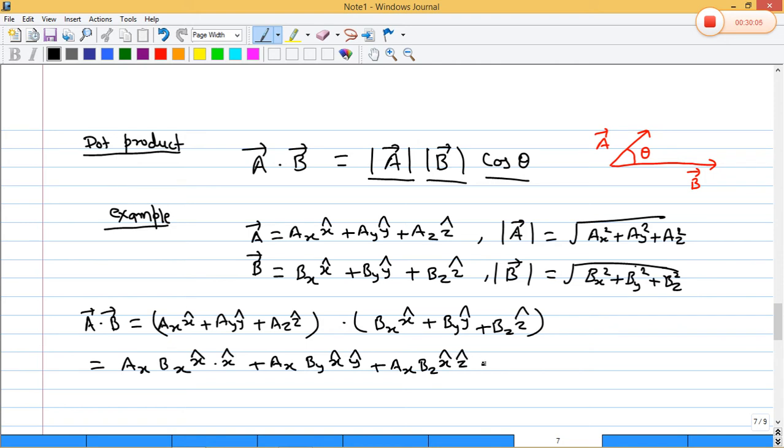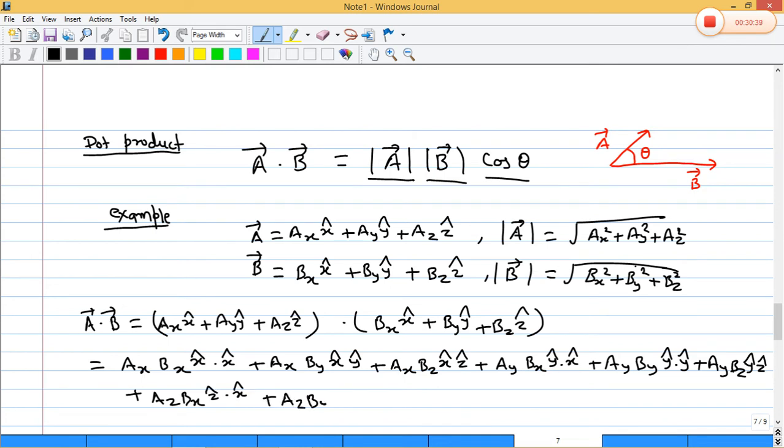Okay, now another one, ay: ay bx y cap x cap plus ay by y cap into y cap plus ay bz y cap z cap plus az bx z cap x cap plus az by z cap y cap plus az bz z cap into z cap.